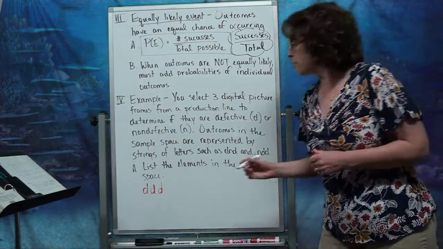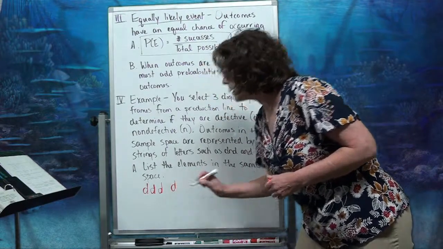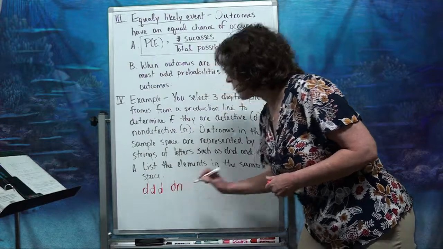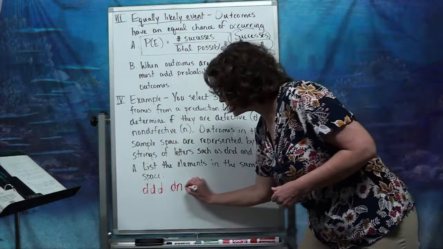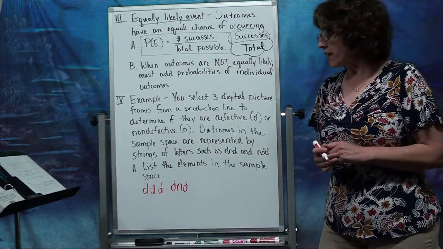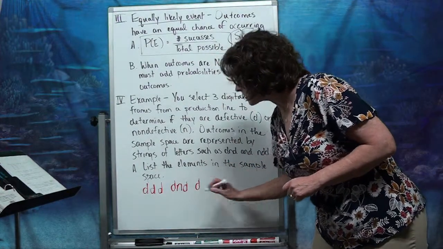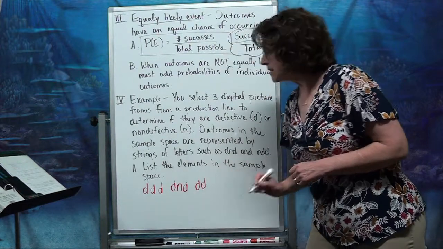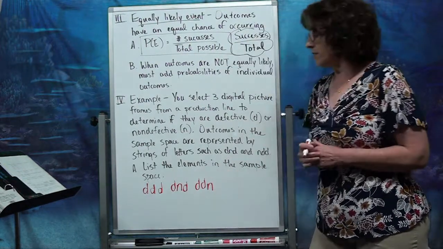But let's say that I pull that first digital frame and it's defective, but when I pull the next one, it's not defective. But let's say the last one still is defective. Or let's say I stick with that first digital frame being defective, and the second one is defective, but the last one is not defective.